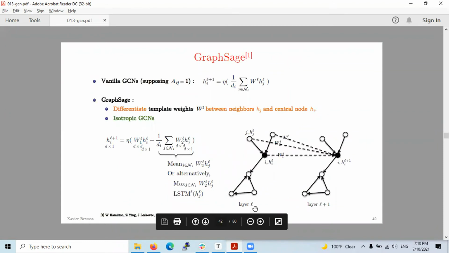And then he talks about a popular graph convolution neural network, a particular design of it, wherein the template weights are not constant, but depend on the weights of the neighbors themselves. So I assume when he says this, the weights are being differentiated.